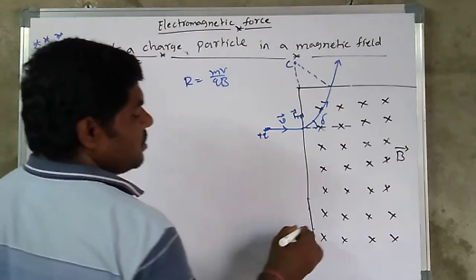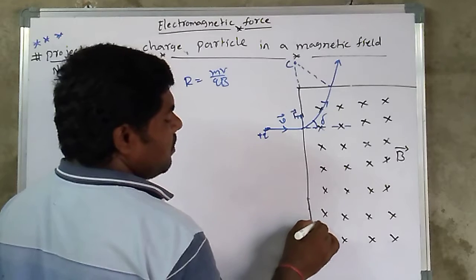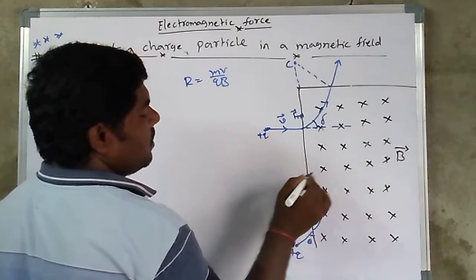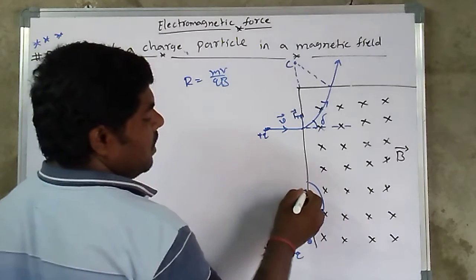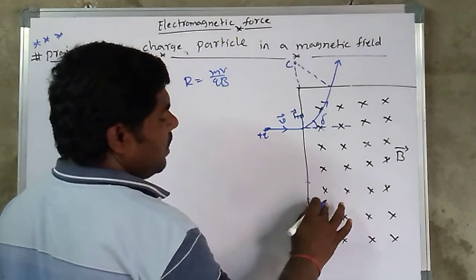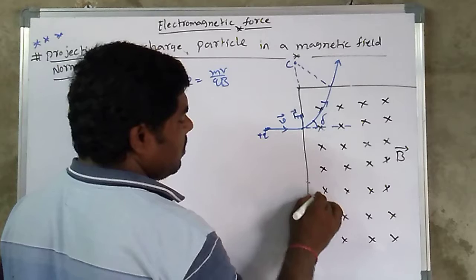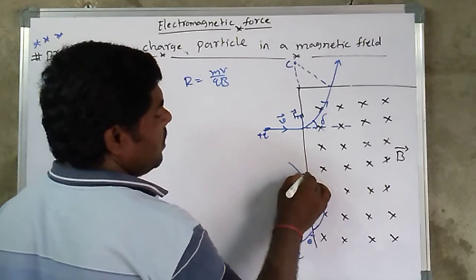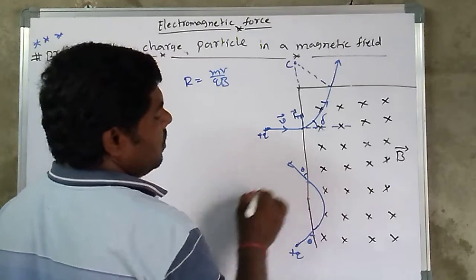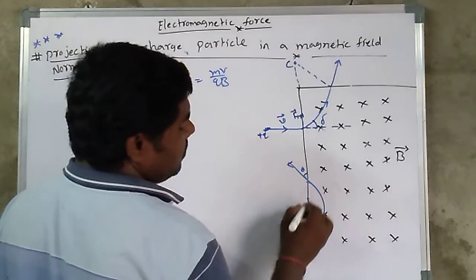In this situation it moves in a circular path, which means a semicircle. After this it comes outside in a straight line, making angle theta.